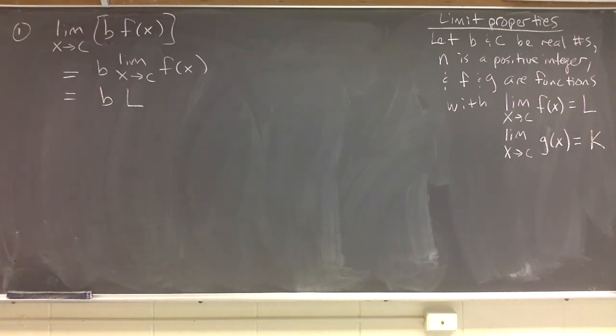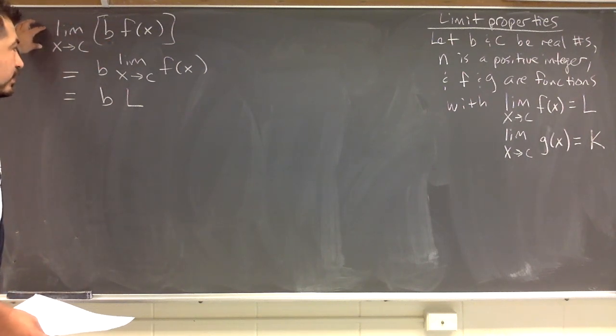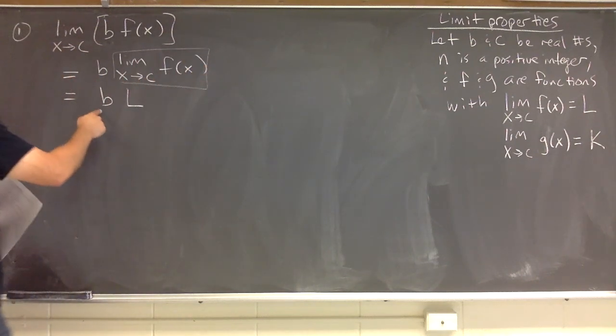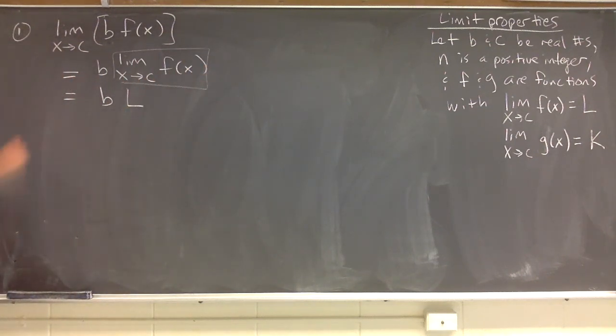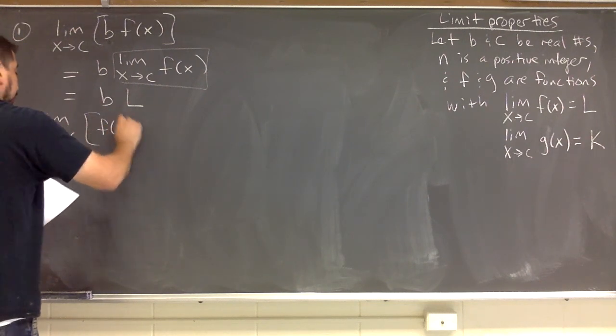So all you need to know is if you have a constant, you're able to just pretend the constant's out here, and since we know that this is equal to L, you can take B times L for that first property. Okay, and then similarly, these other ones, let's say we have the limit as x approaches c of a sum or a difference of functions.